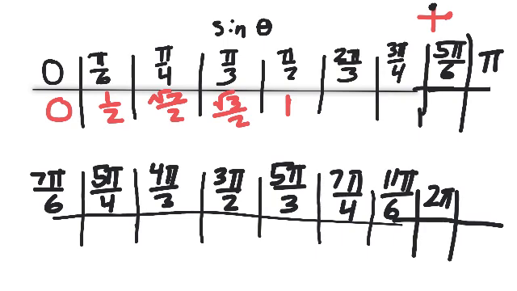So 2 pi over 3 is a 60-degree reference angle in the second quadrant, so it's positive. That would be radical 3 over 2. 3 pi over 4 is a 45-degree reference angle, again positive, so it is radical 2 over 2. 5 pi over 6 is a 30-degree reference angle, so it's a half.